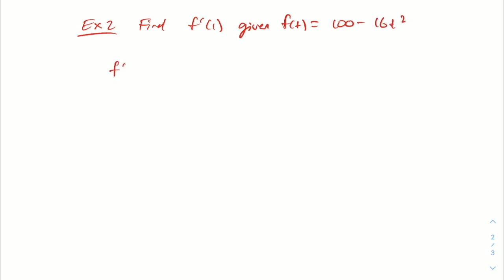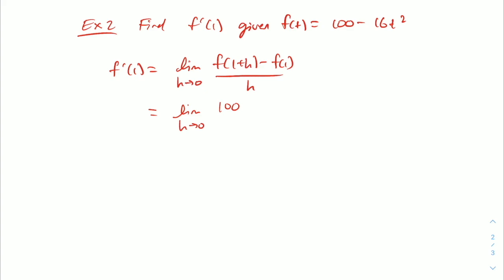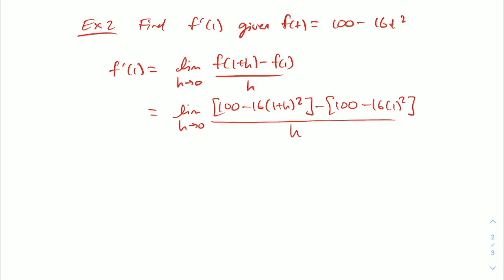The derivative at 1 is, by the definition we just gave, the limit as h goes to 0 of f of 1 plus h minus f of 1 all over h. We're going to put 1 plus h into our function, put 1 into our function, and divide by h.